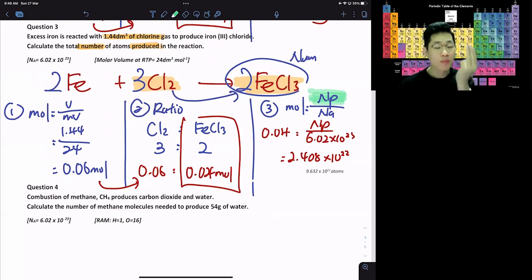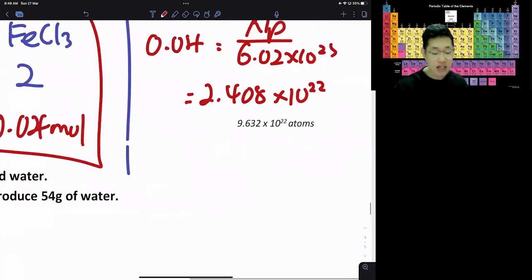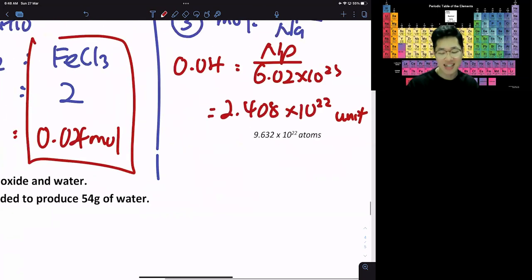So it's like 4 different units. FeCl3 is unit formula, which is similar to molecule, more than one atom, but it has charges. So it is called unit formula. So I will just write units here. Unit is a bigger unit formula, FeCl3.